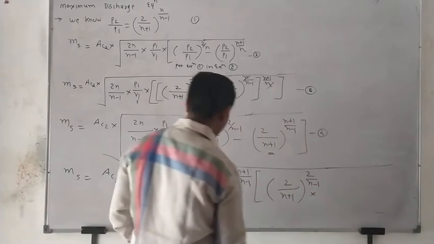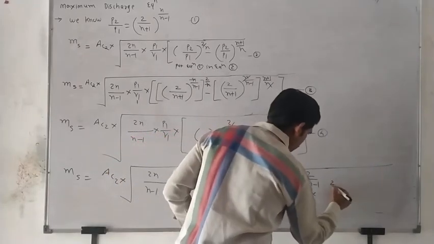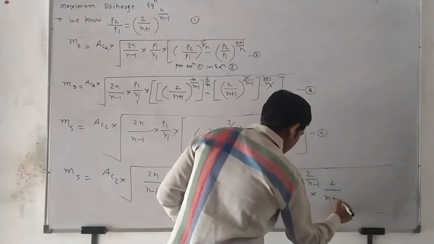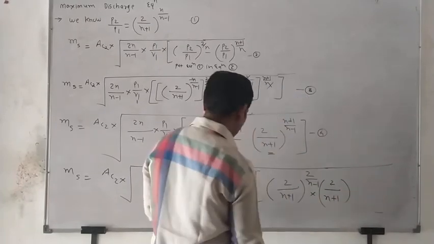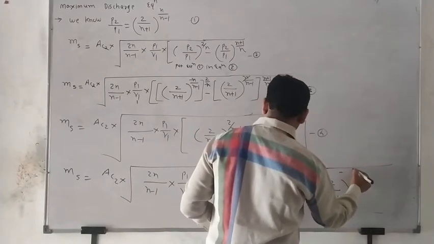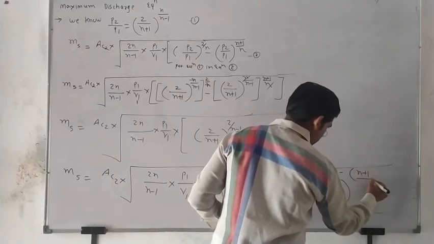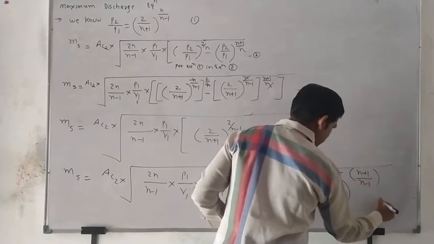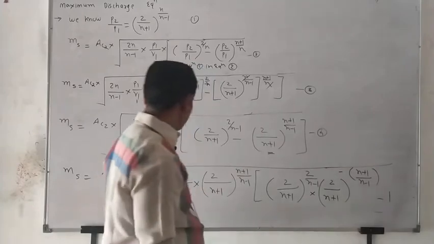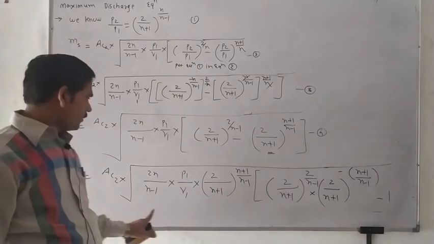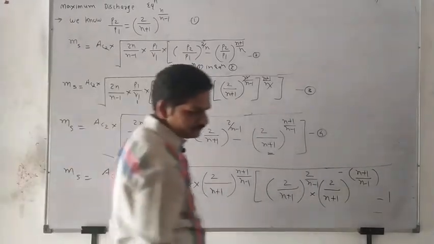So what is 2 upon n plus 1 to the power, what is minus? Very good. n plus 1, n minus 1 minus 1. Then complete under root. You see here, complete.